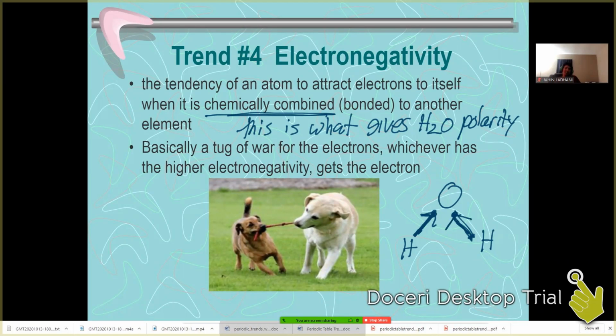So when you do that, you end up with a polar molecule, which is a molecule that has a slightly positive side and a slightly negative side, like you do in water. The more electronegative an element is, the more it can shift those shared electrons toward itself.